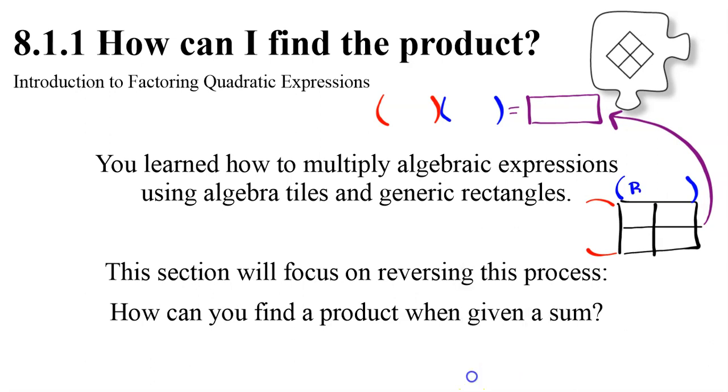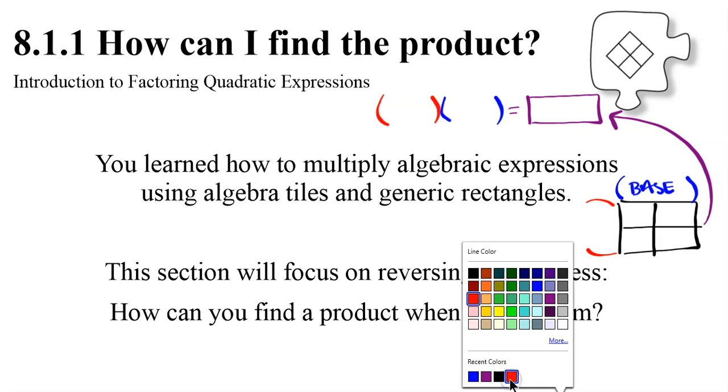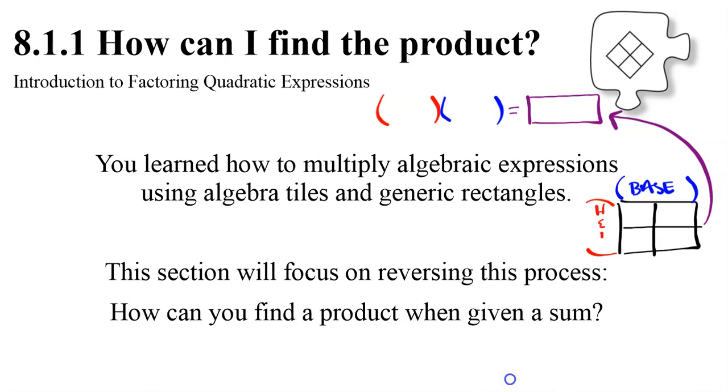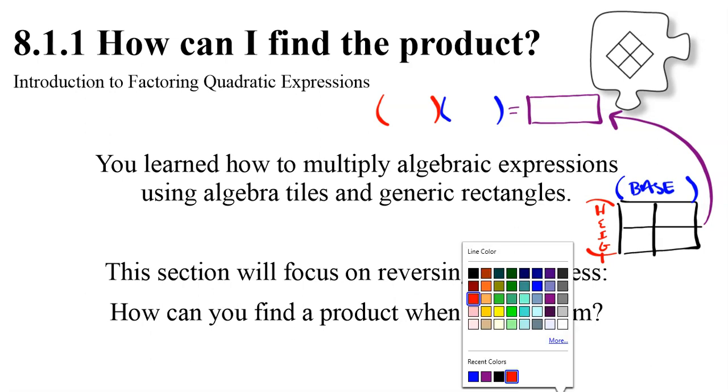So we have our base here, and then we have our height here. Okay, that's our height. All right, and so what we're going to be doing is working this thing backwards, and that's called factoring.